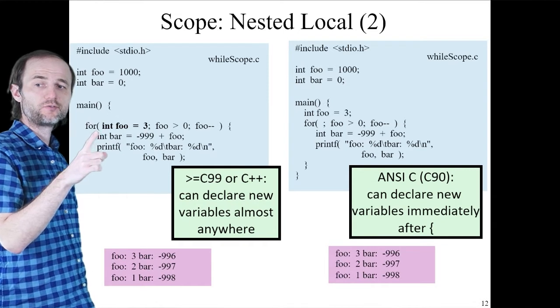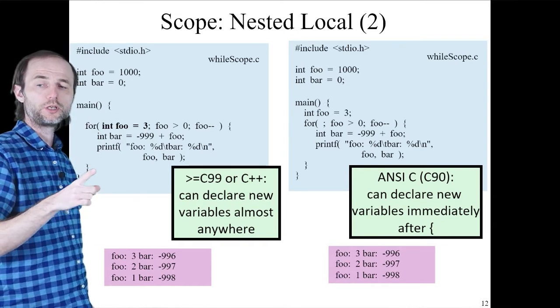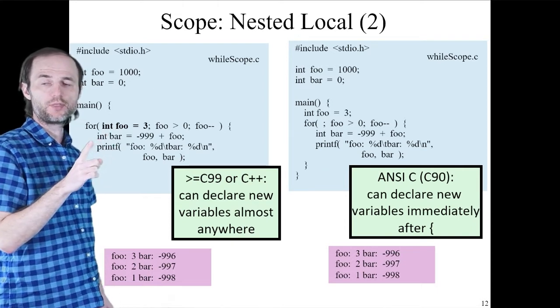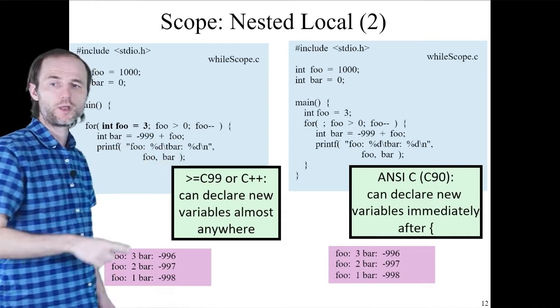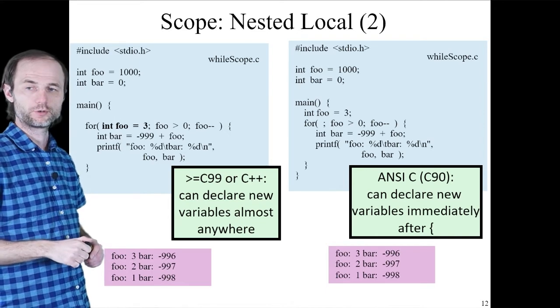And this foo variable will survive only within the scope of the for loop. So you can see here that bar is going to be defined exactly the same way, and you're going to get exactly the same output as before.